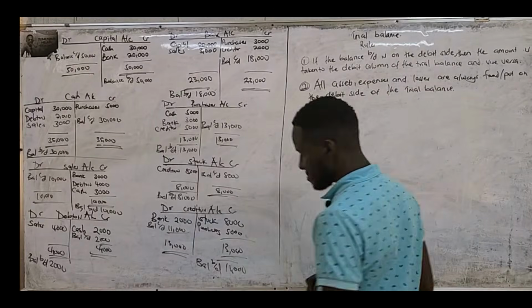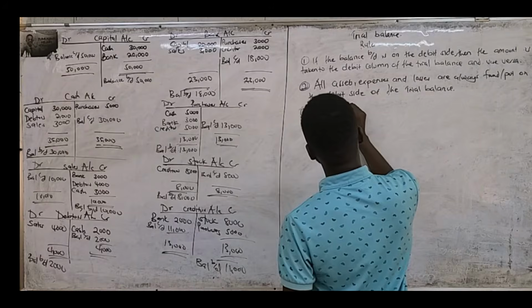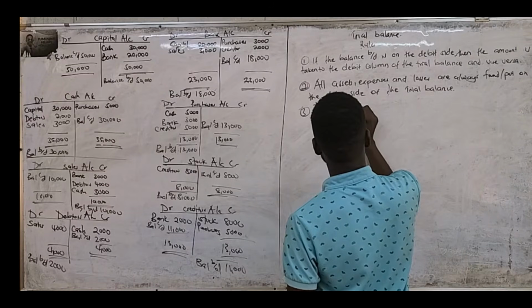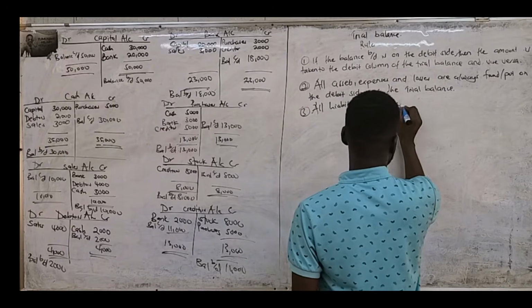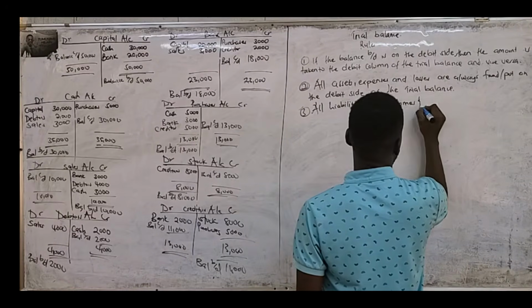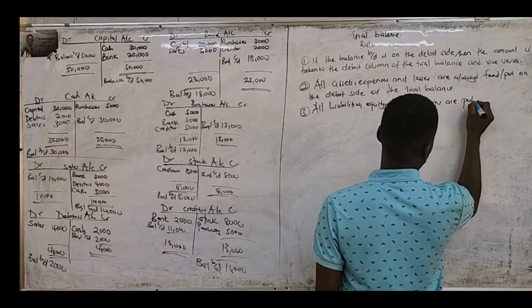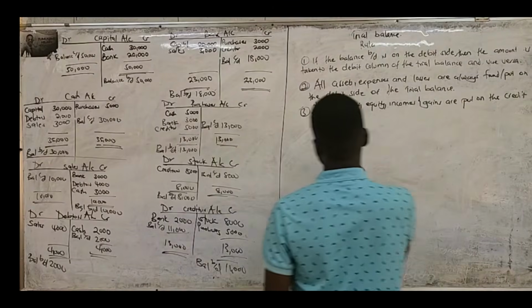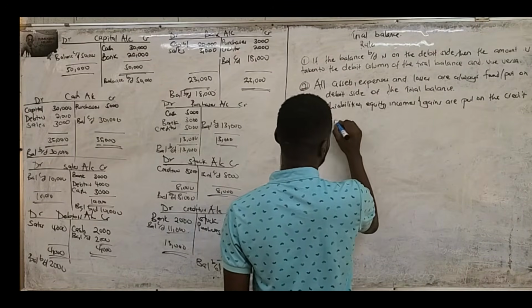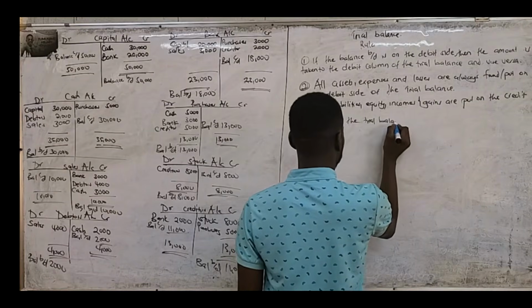Then 3, all liabilities, equity, incomes, and gains are put on the credit side of the trial balance.